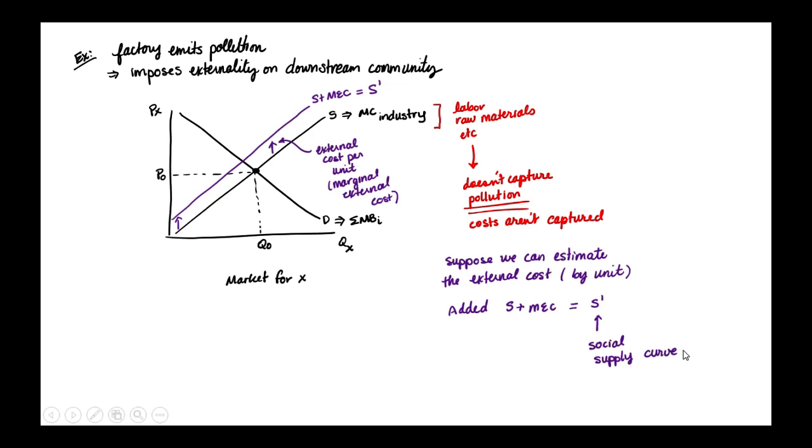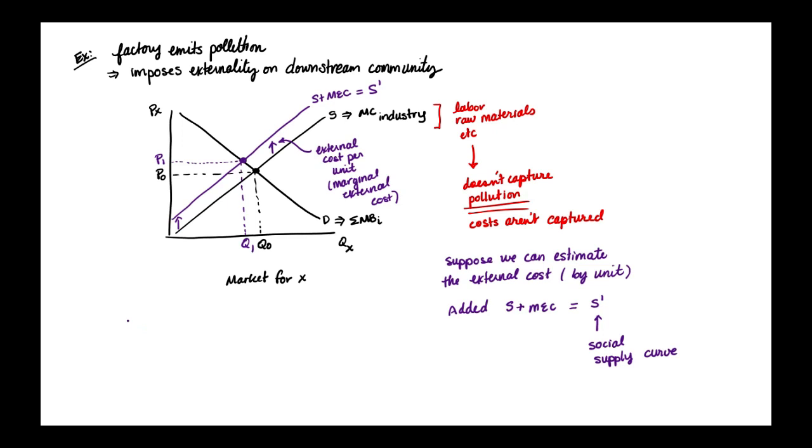Because it incorporates the externality. So, as a society, folks, where do we really want to operate here in this market? Where do we want to operate? On the social supply. Yeah, we'd rather operate on this social supply where decision making has taken into account this externality that's being created, which means price should be P1 and quantity should be Q1.